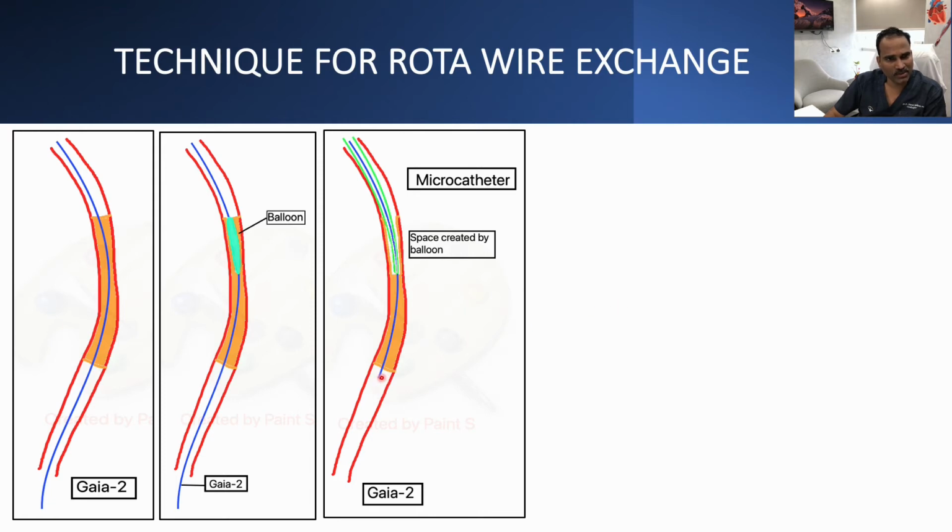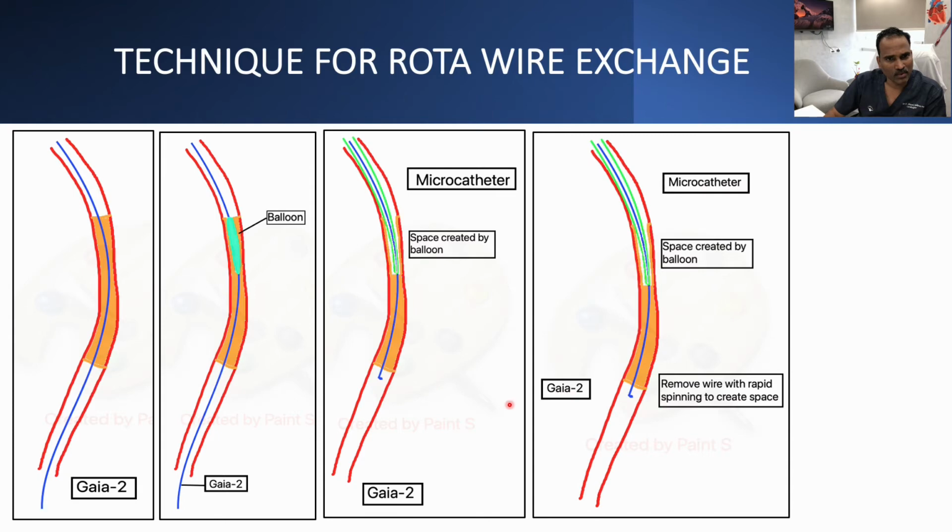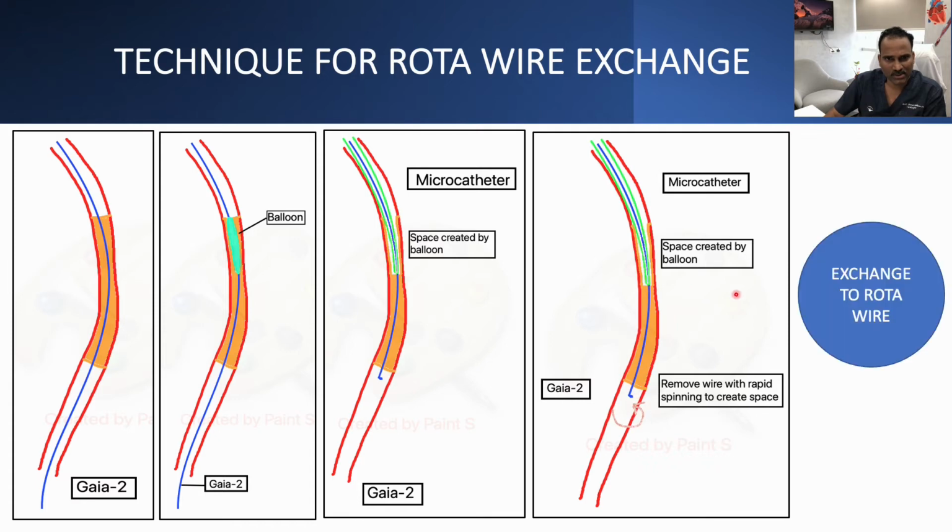So while coming back with the Gaia wire, you can spin the Gaia wire rapidly and remove it, so that we can create a space here, so that our next rota wire will go freely. So this removal with rapid spinning creates space and makes your rota wire exchange much easier.